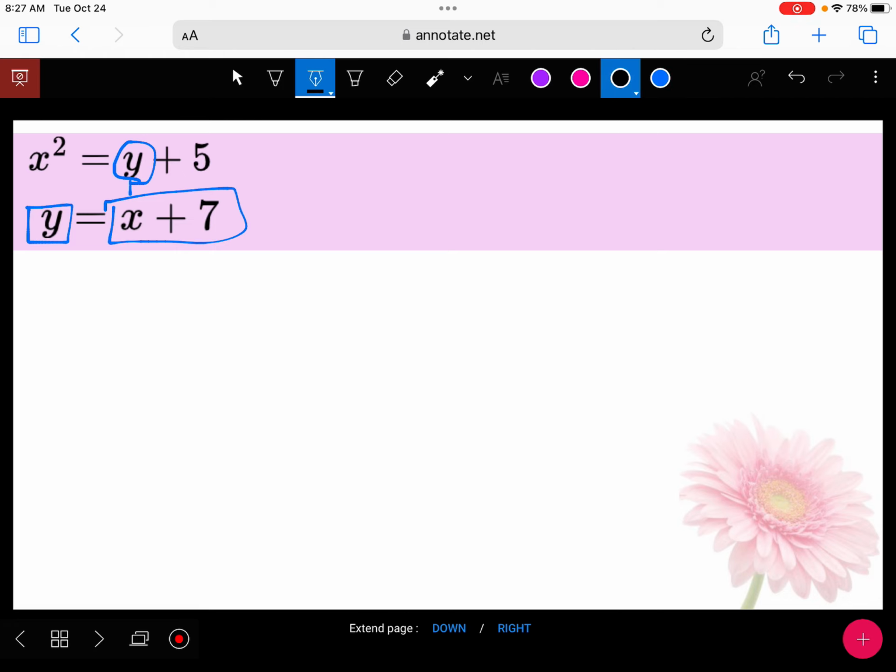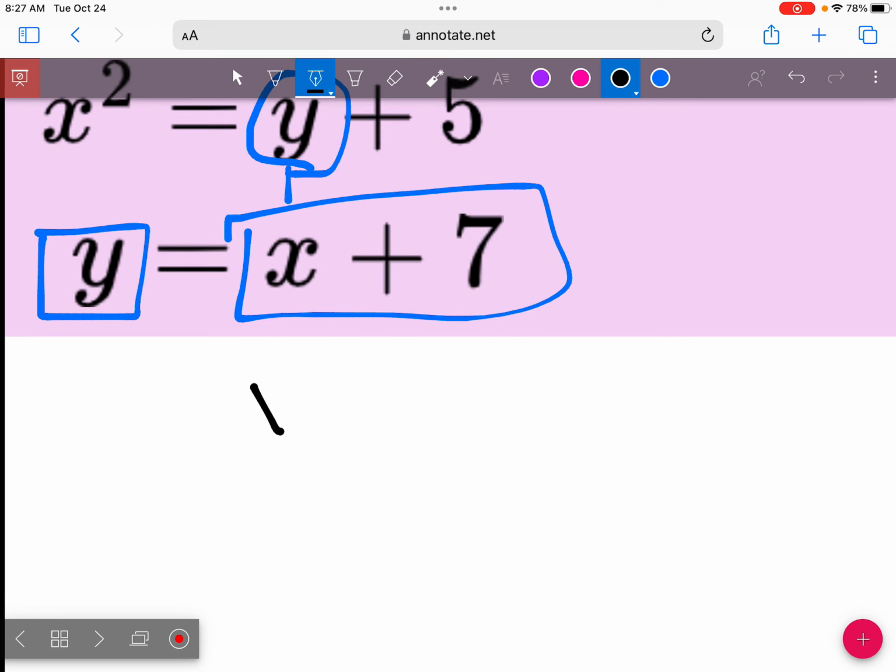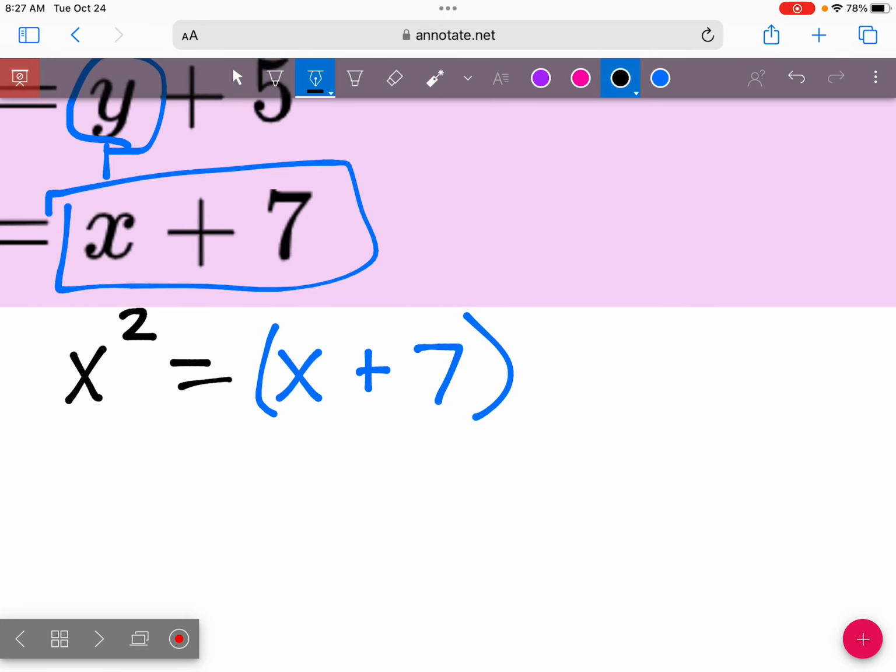So we're going to have x squared equals (x plus 7) plus 5. Substitute the chunk in.